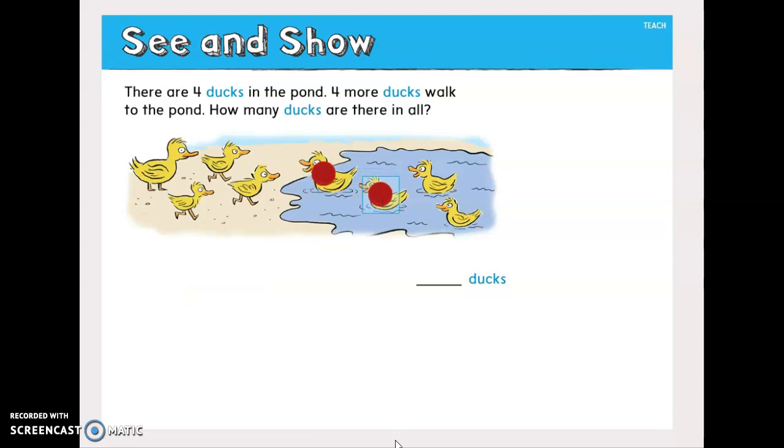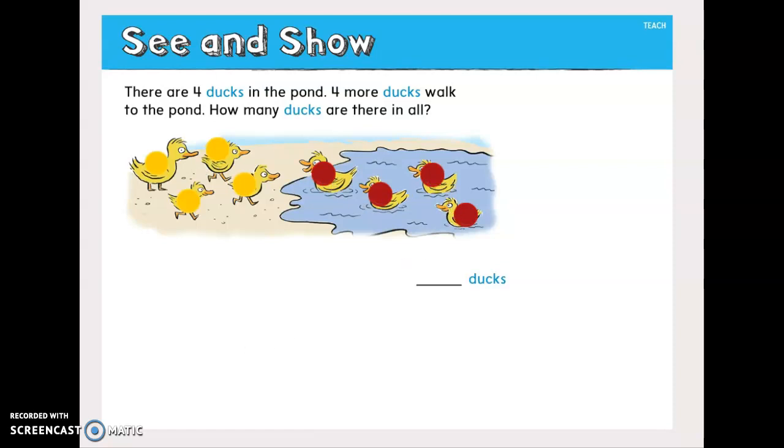1, 2, 3, 4. And then there are 4 more ducks. So we're going to do another 4. 1, 2, 3, 4. How many ducks are there in all? So we're going to count all of our counters. 1, 2, 3, 4, 5, 6, 7, 8.